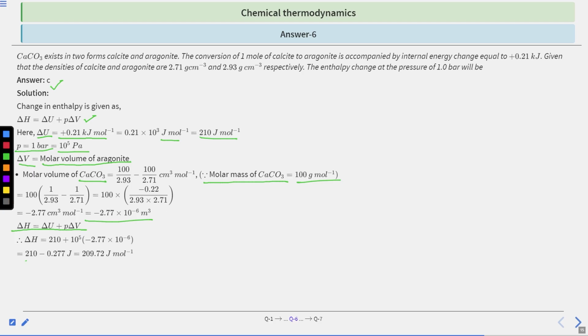It is coming out as 210 minus, because plus times minus will become minus, 0.277 joule, and it is equal to 209.72 joule per mole. Here also per mole will come. So our overall answer will be 209.72 joule per mole. Hence option C will be the correct answer.